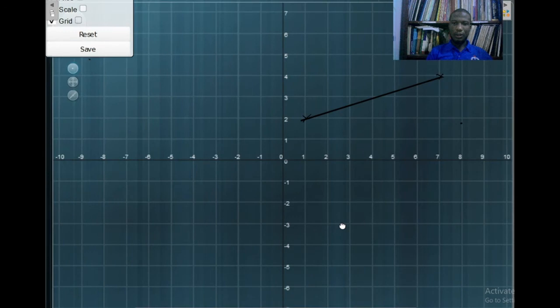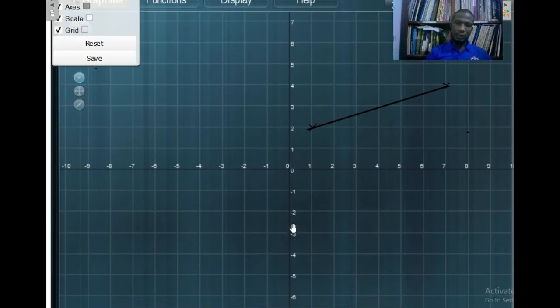Now if I'm looking for the midpoint of this line, let me write my A and the B. It's just a matter of counting along the x-axis and then counting along the y-axis, which will give us, from here we have 1, 2, 3, 4, 5, 6 centimeters, which is the same as from 0 to 7 centimeters minus from 0 to 1, which is 6.